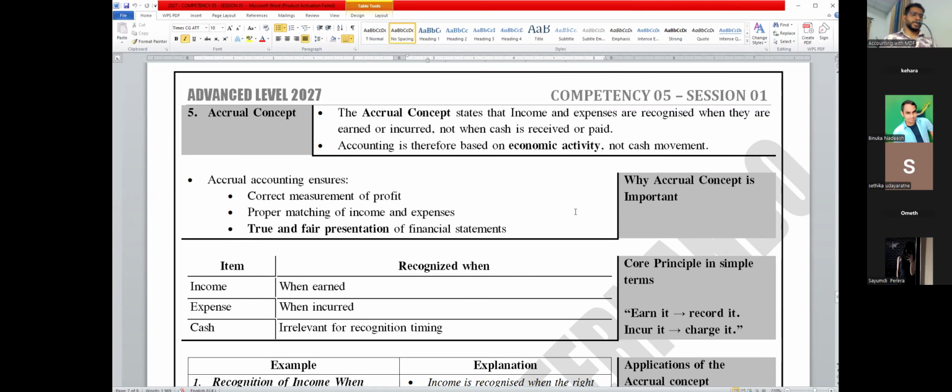That is the accrual concept. Look at this. The accrual concept states that income and expenses are recognized when they are earned or incurred, not when the cash is received or paid.